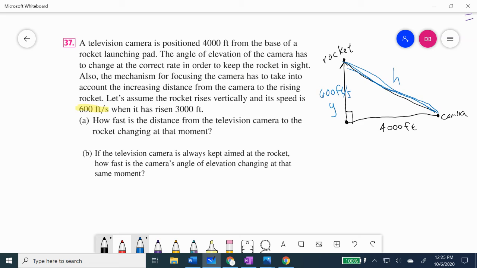And in part A, I am not dealing with any angles. I am being asked to find dh dt while knowing that dy dt is 600.